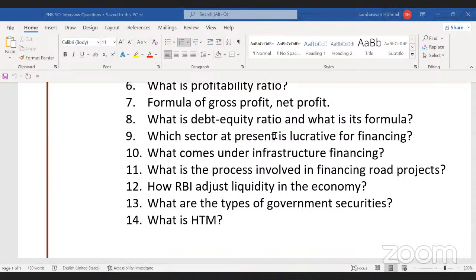Let me just search in Google. I think it must be something related to credit. HTM in the context of Indian banking.